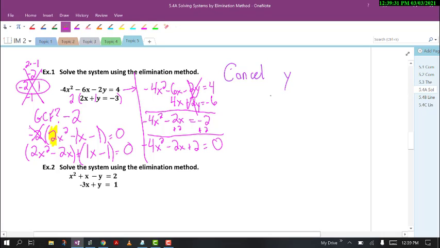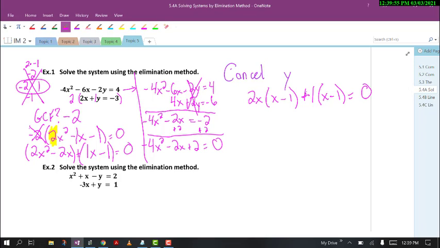So in the first set, we can take out a 2x. We're left with x minus 1. 1x minus 1, can we take anything out of it? Well, we can always take out 1, and we're left with just x minus 1 again. There's no difference there. So now we still have factors. 2x times x minus 1 and 1 times x minus 1. So we're going to take out the GCF of both terms, which is x minus 1.